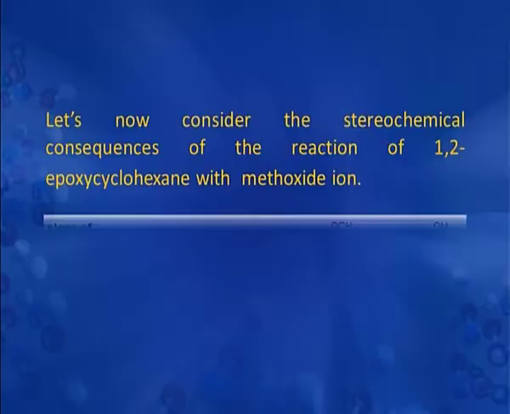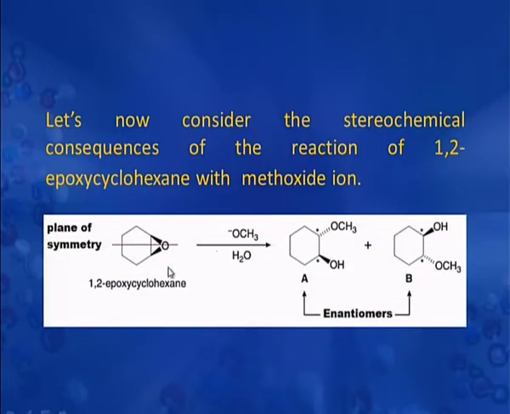Let us now consider the stereochemical consequences of the reaction of 1,2-epoxycyclohexane with methoxide ion. Here, this is 1,2-epoxycyclohexane. When it is treated with sodium methoxide in water, it undergoes ring opening and there is formation of these two products.